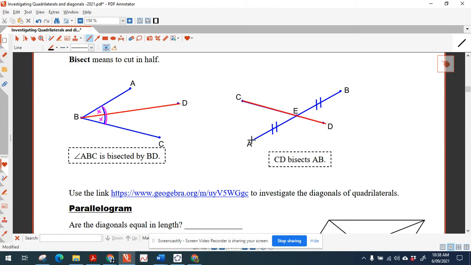This line here, the black line, is cut in half by the red line. And the way that we show that is with these dashes, the blue dashes there. We're saying that this half here is equal to this half here. So we say that CD cuts AB in half. And the word we use for that is bisect. So CD bisects AB.